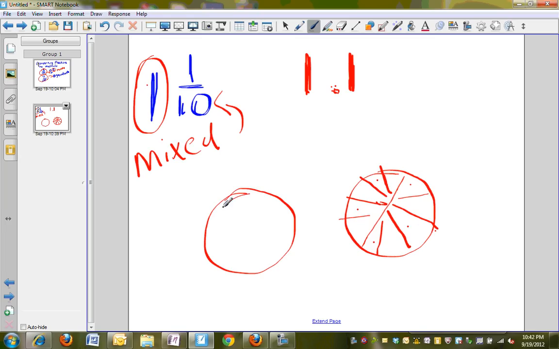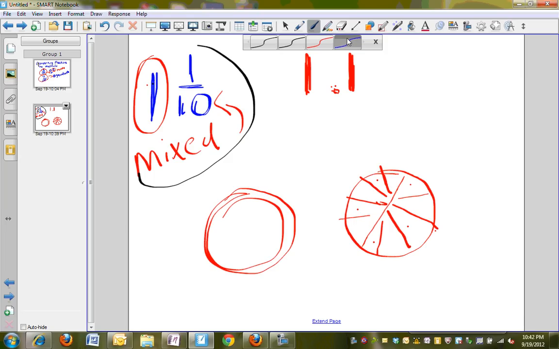And this pizza is a whole pizza, okay? So this number right here, this mixed number, we can look at this and we can say, well, that could represent 1 and 1/10 of pizza, okay? So think about that. I'm going to circle just one of the pieces here and the whole one here.